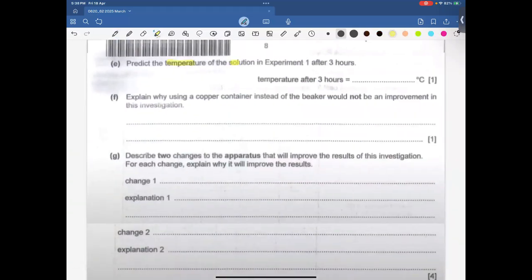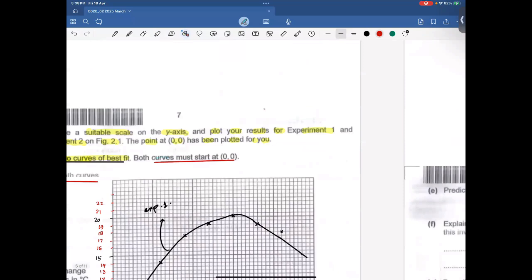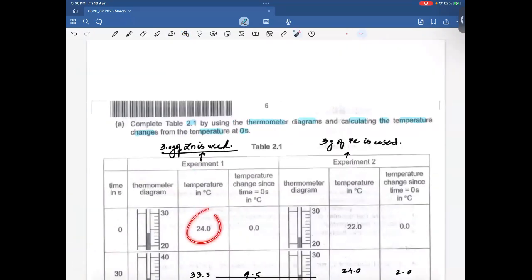Predict the temperature of the solution in experiment 1 after 3 hours. After 3 hours, the reaction reaches its normal room temperature, and at room temperature it was 24 degrees Celsius because time was 0, which means that's the room temperature.